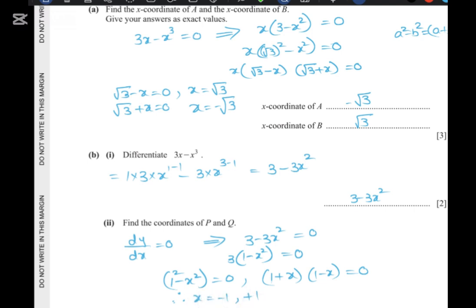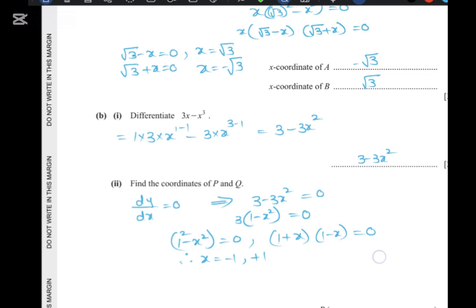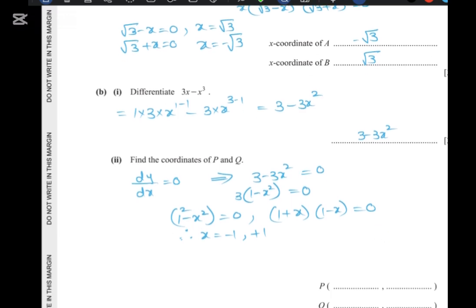When you take 1 plus x as 0, you get minus 1, and when you take 1 minus x as 0, you get plus 1. Now find the values of y, because we need the coordinates. In coordinates we need both the x coordinate and the y coordinate.